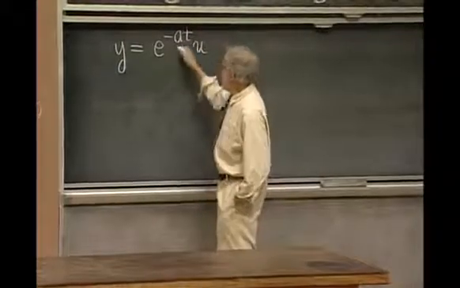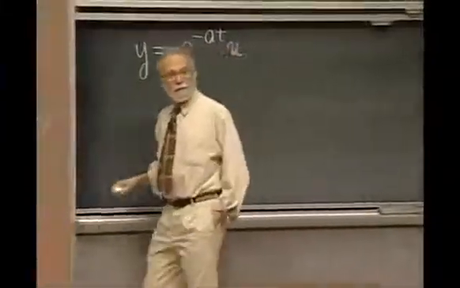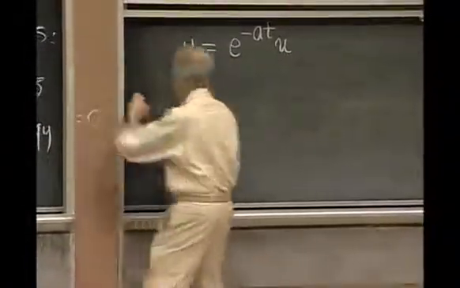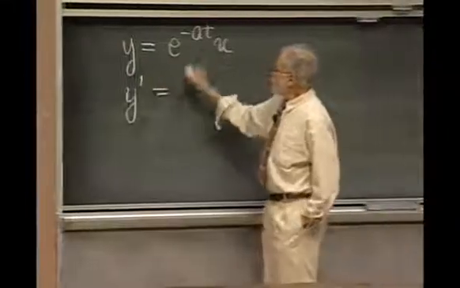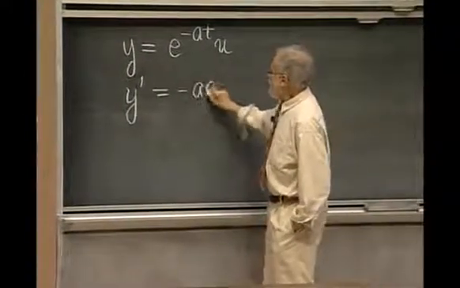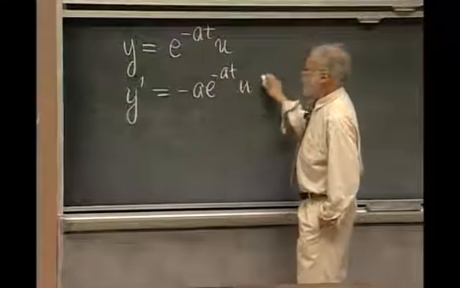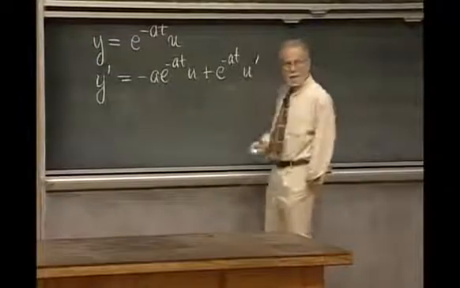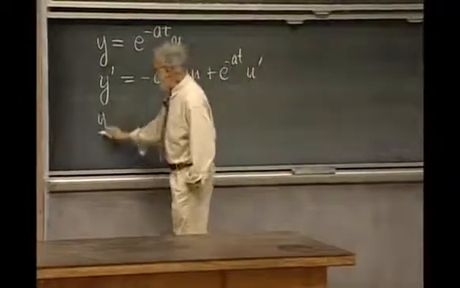You're going to have to make a calculation like this several times in the course of the term, so do it this way. y prime equals, differentiating, minus a e to the minus at u plus e to the minus at u prime. And then differentiate again.